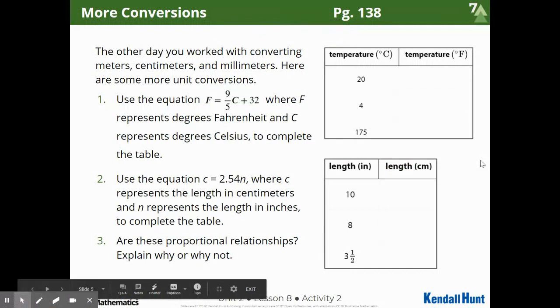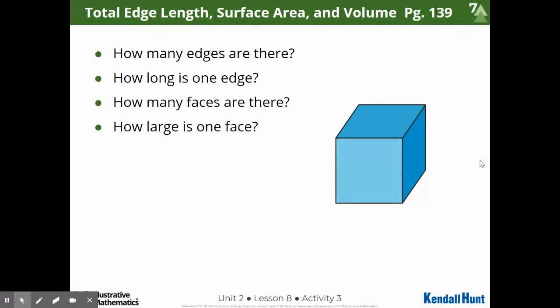Moving on to the next one, looking at page 139. On this one, I'm just going to get you guys started in the right direction. How many edges are there on this cube? Count these edges real quick and see if you can come up with it.